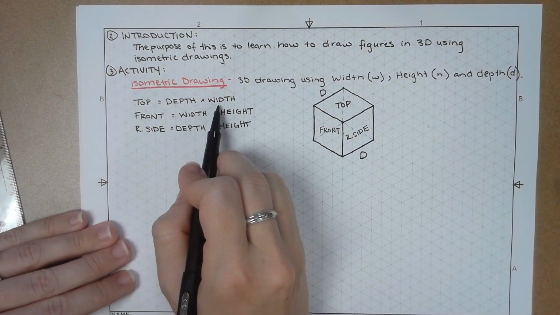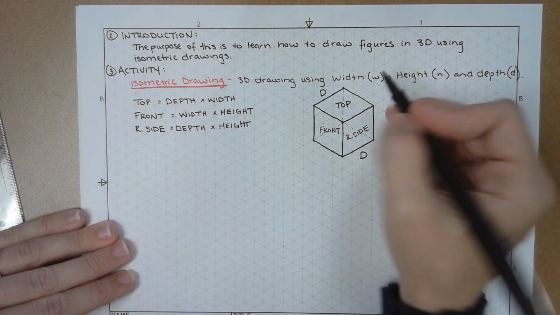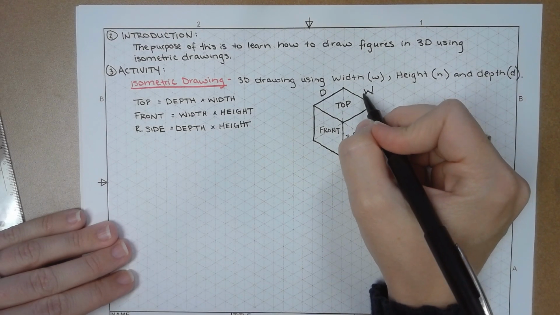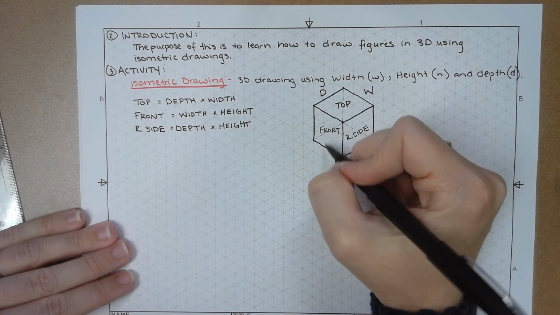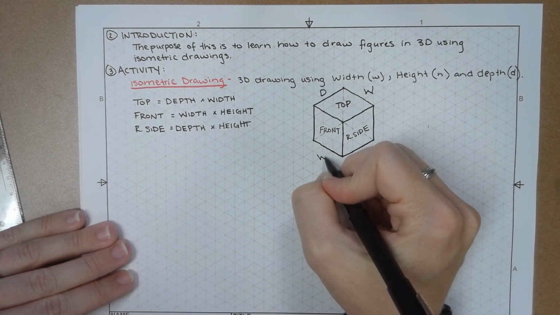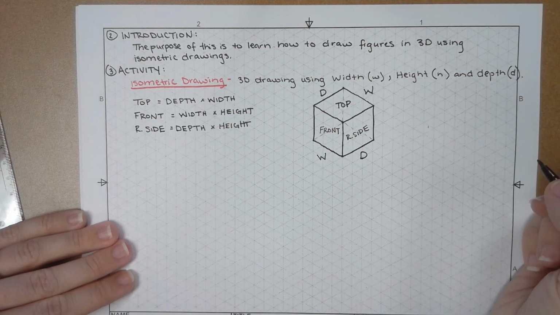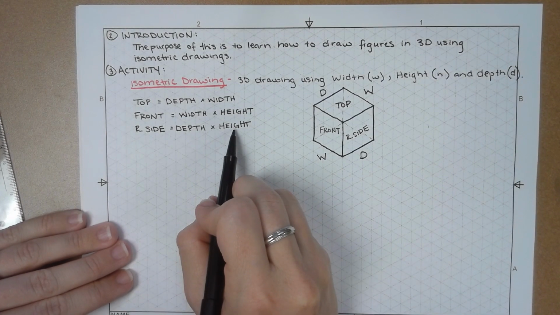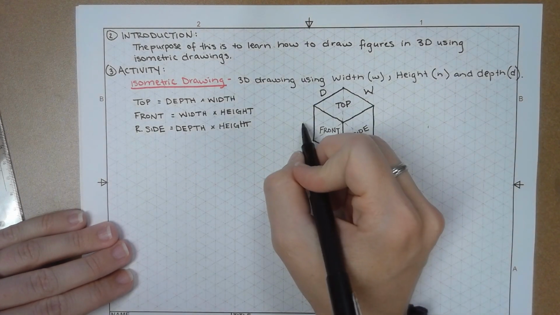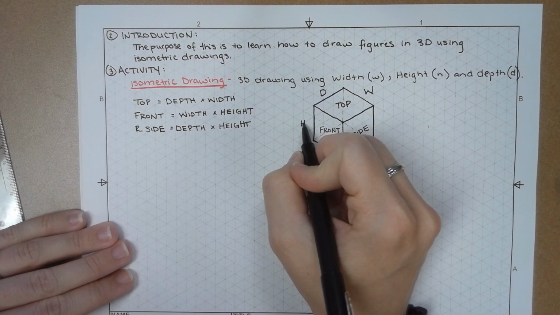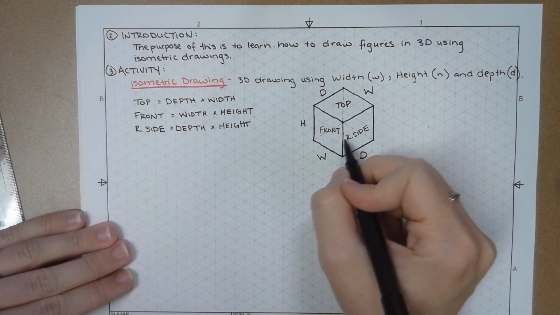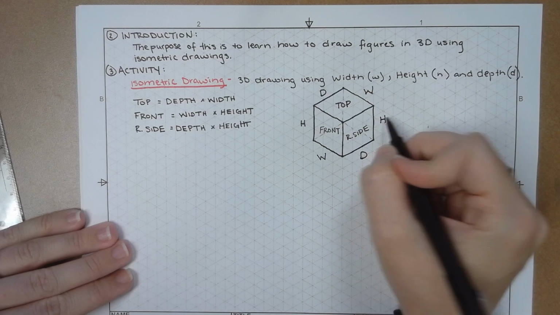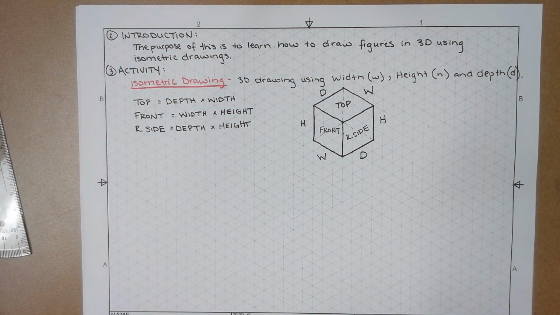Your top view also has the width, and so does your front view. So the width in your top view is here, and transfers over and down. The front view also has the height, as well as the right side view. So this is the height of my front view. It transfers over, and the right side view's height would be there.